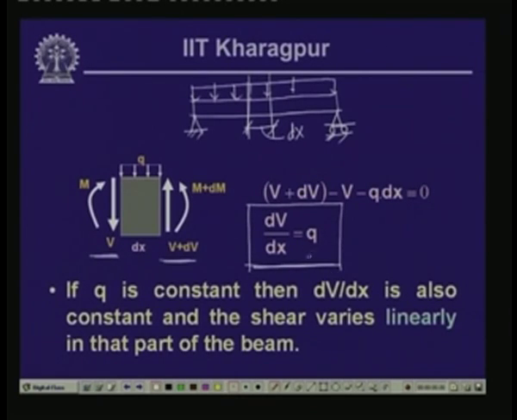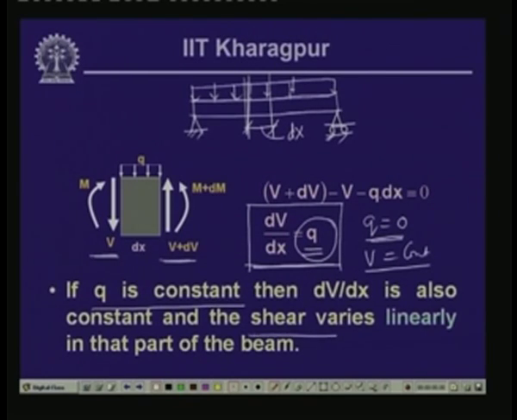Now, the question is, if q is constant, if it is uniform over the length of the beam, then what is the state of the shear? As we have seen earlier, if q is equal to 0, then the shear force is constant. If q is constant, if we have uniform loading over a part of the beam or over the whole beam, then the shear varies linearly in that part of the beam.